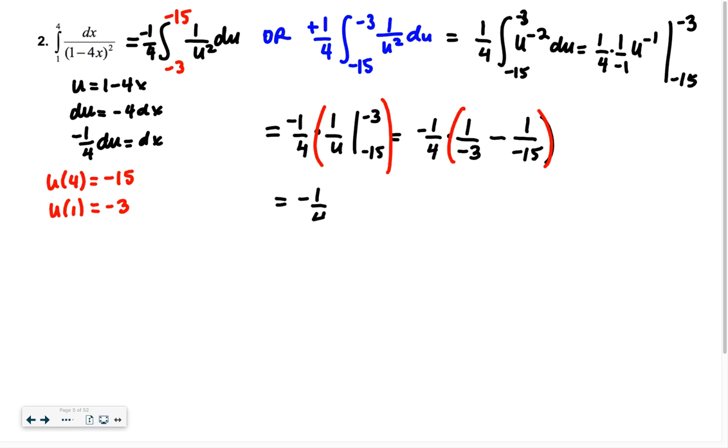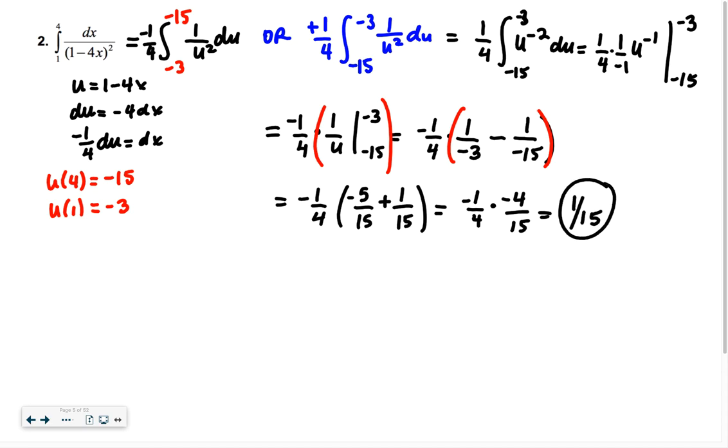So we get negative 1/4, and I have negative 1/3, which, if I get common denominators, is negative 5 over 15, plus 1 over 15. So I get negative 1/4 times negative 4 over 15, which becomes 1 over 15.